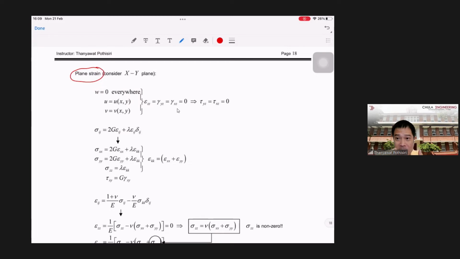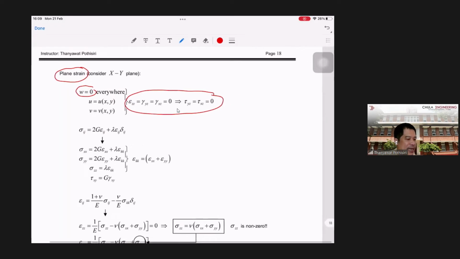It means there's no deformation whatsoever in the out-of-plane direction. Or you can say that the displacement function is 0 in the Z direction if you look only at the XY plane. So all these strain components would become 0.